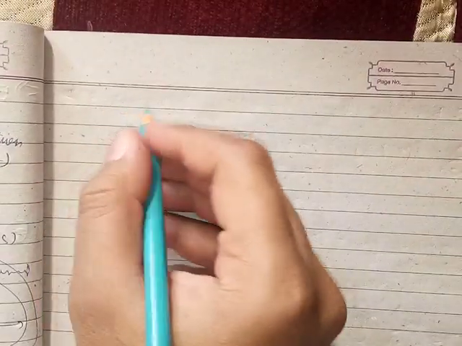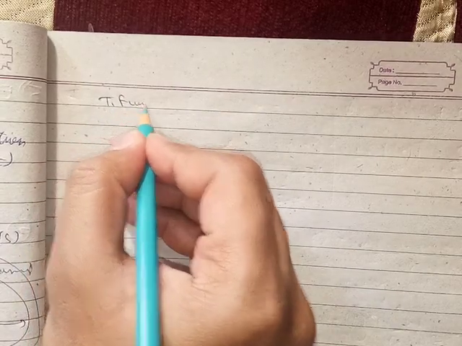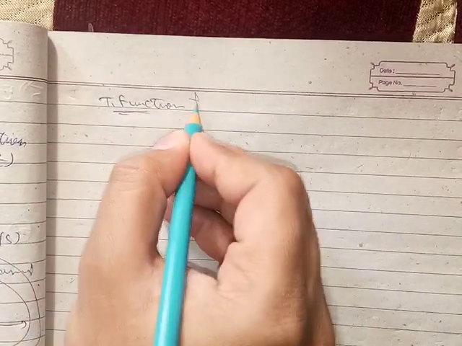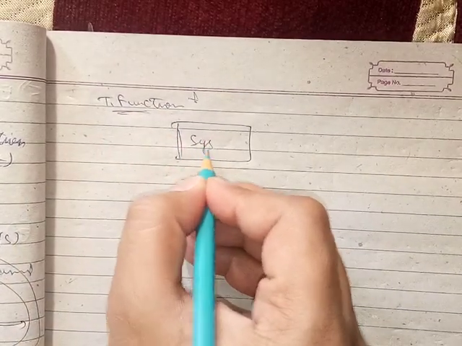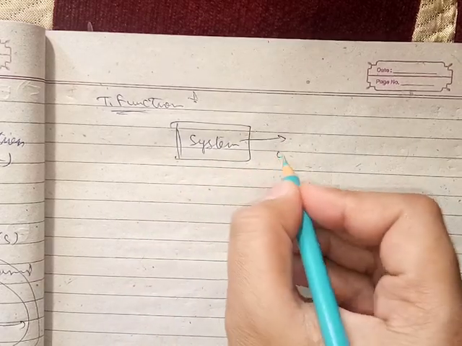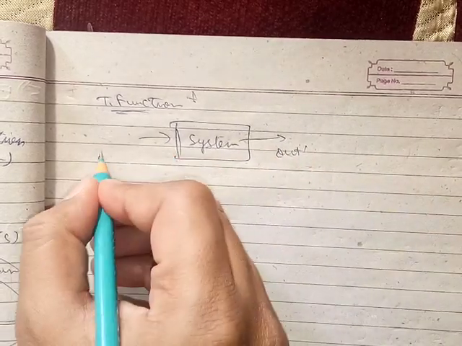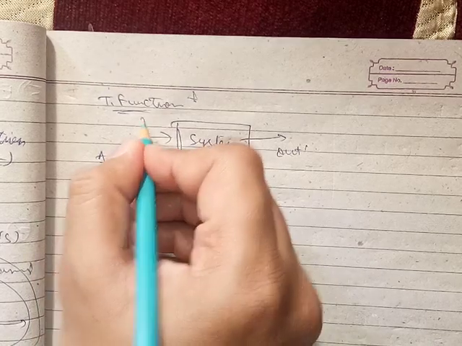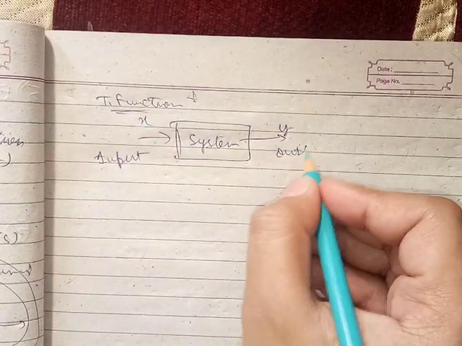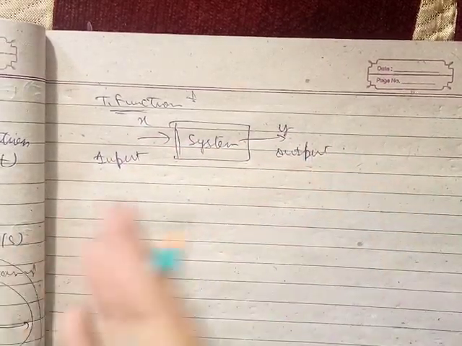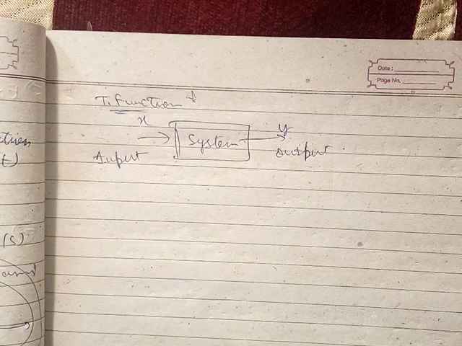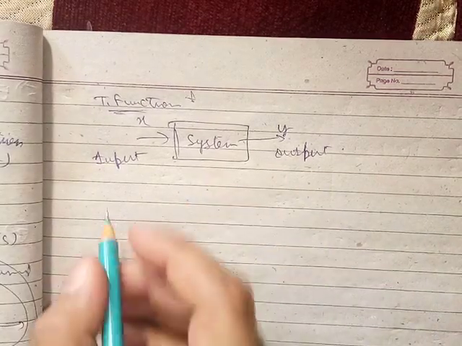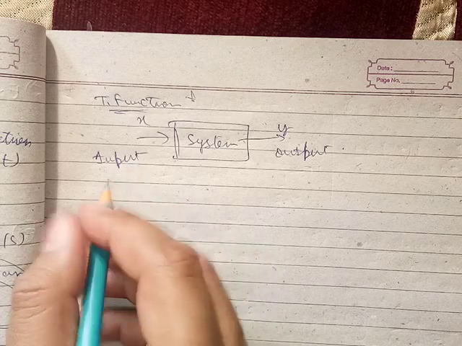Now in the transfer function, we have a system. We are getting output if we are giving input. Now how does this come about?